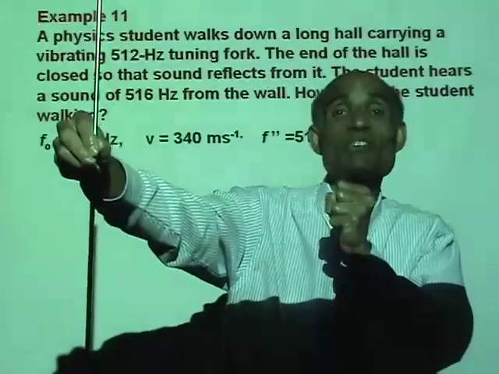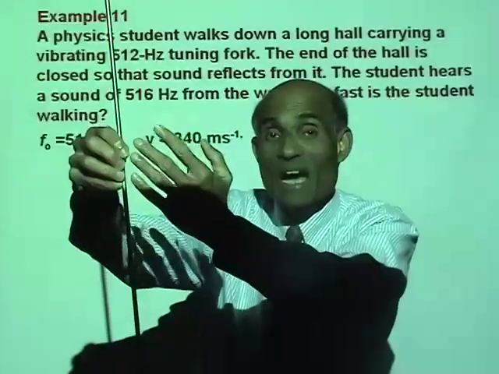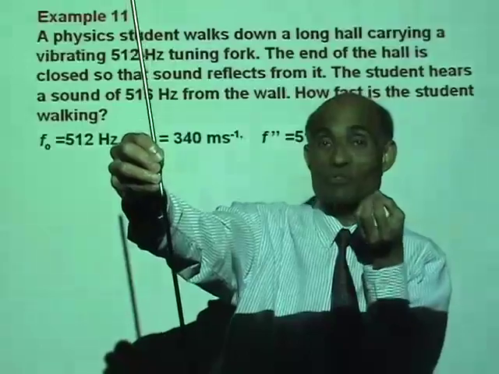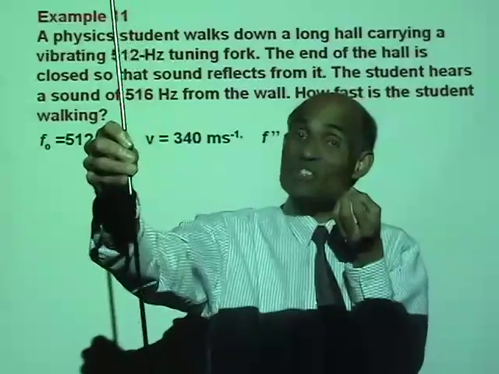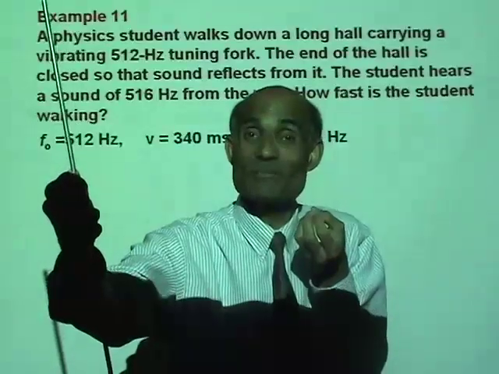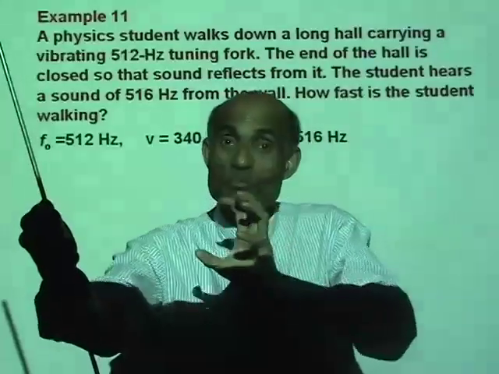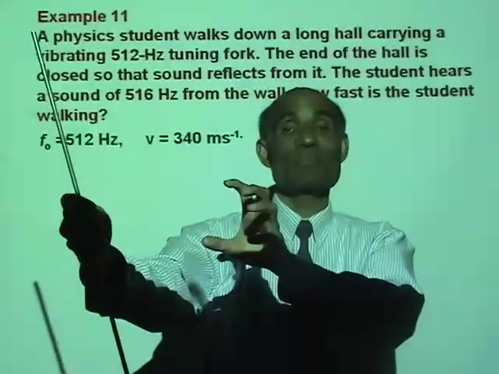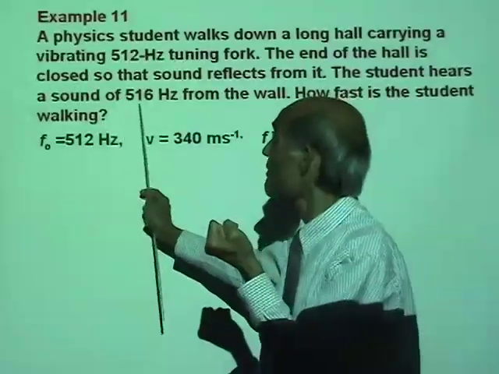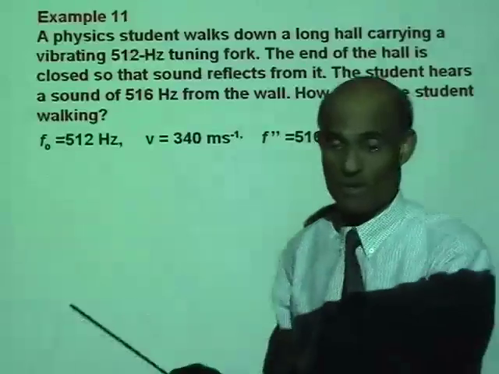Who is that stationary listener? The wall. The wall in its turn, in stage 2, the wall reflects that sound back to the student. Now in the second stage, the wall is the stationary source and the student is the listener who is moving towards that source. And the frequency as is heard by the student is 516 Hz. That is F double prime.